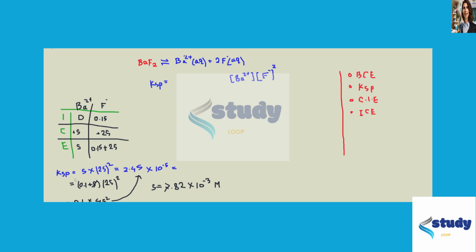And if we do the math here, the concentration of barium 2 plus is S, times the concentration of fluoride, that is 0.15 plus 2S.